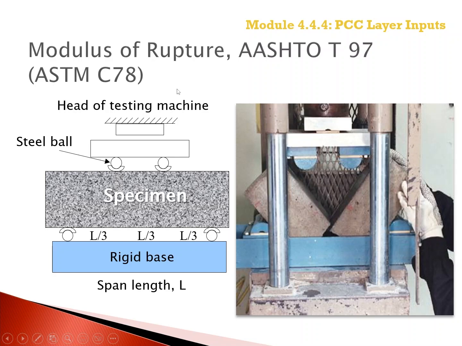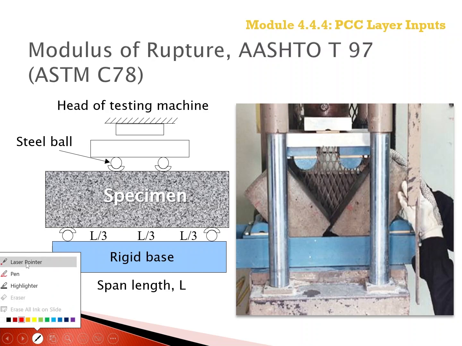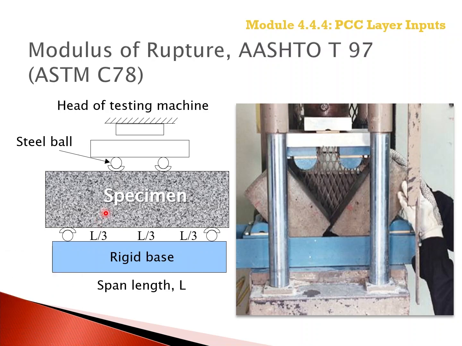As shown in this slide, from the picture and the schematic, the third point loading beam break is used to determine the modulus of rupture.